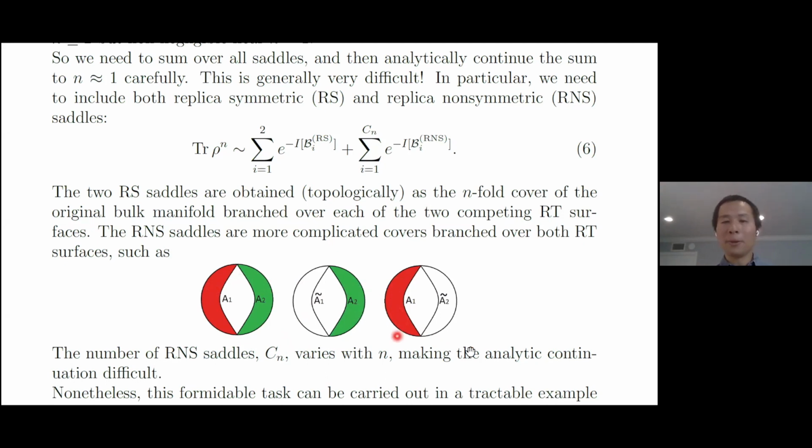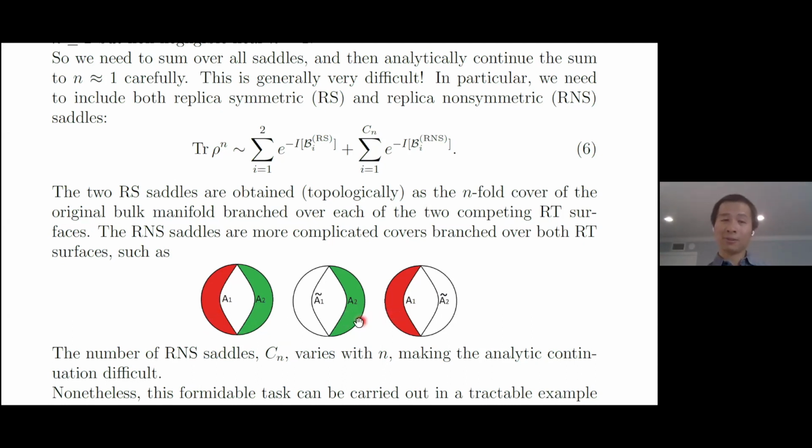So we open a slit on the red and green regions, and we glue the red regions together cyclically. That means once we have opened the slit on the first red region and also the second one, the top of the slit on the first red region is glued to the bottom of the slit of the second red region and vice versa.